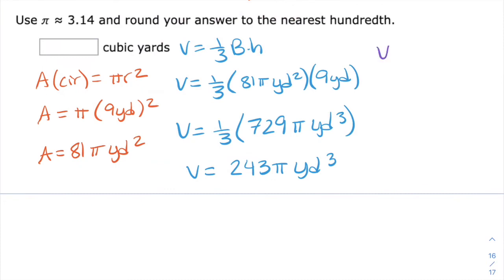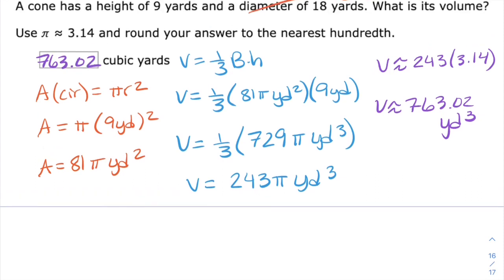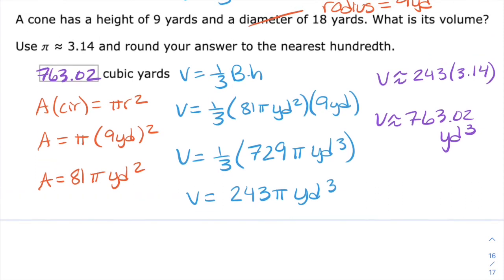So it approximately equals 243 times 3.14, which is approximately 763.02 yards cubed. So 763.02 cubic yards. And that is it.